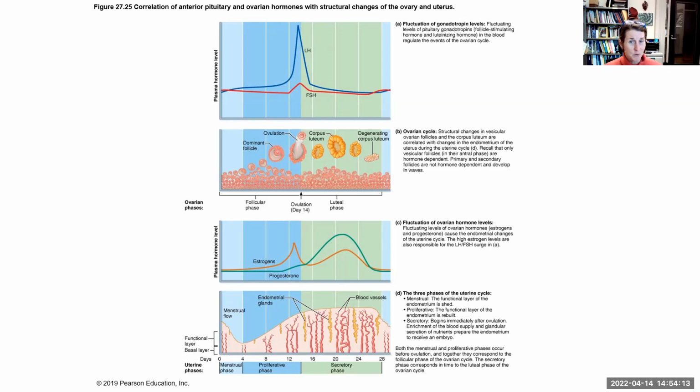And as it continues to grow, it is going to produce more estrogen. And there's a moment where this dominant follicle is going to have a surge of estrogen and release it much higher than the previous slow increases of estrogen. And that surge changes the game.